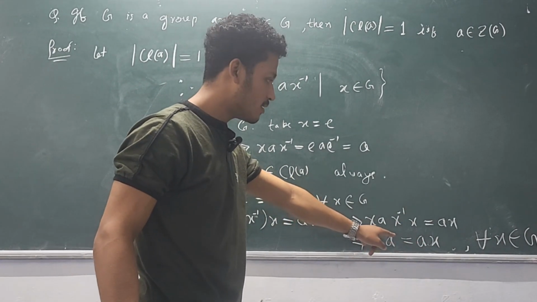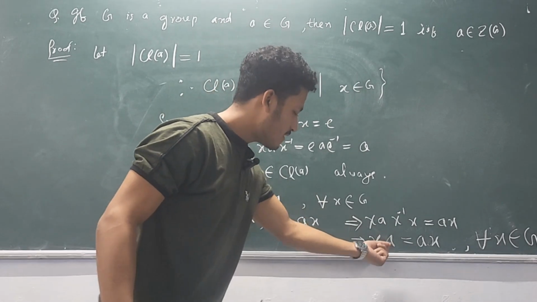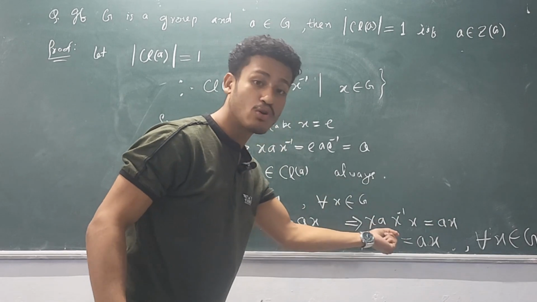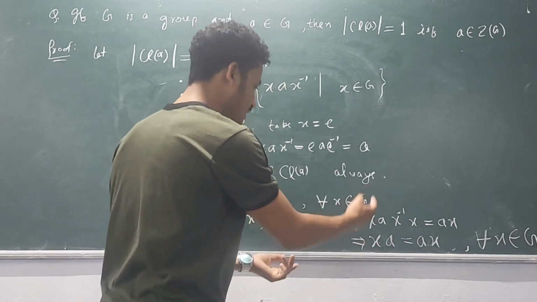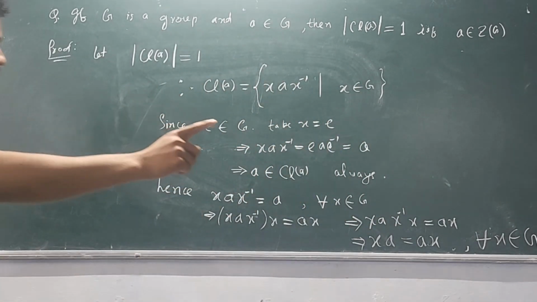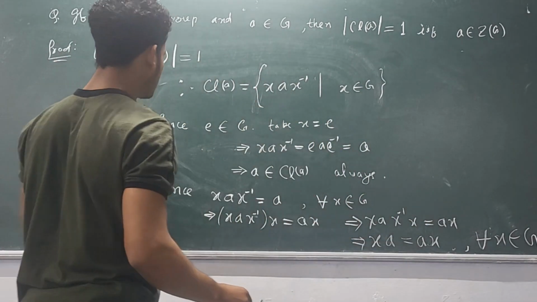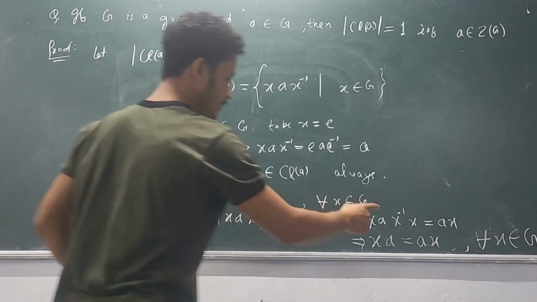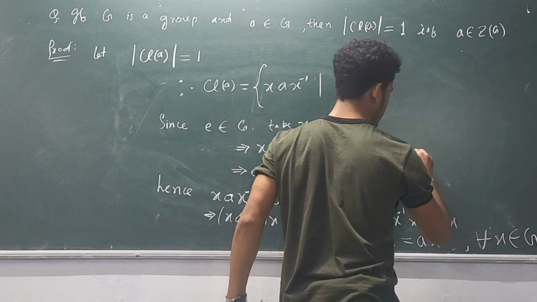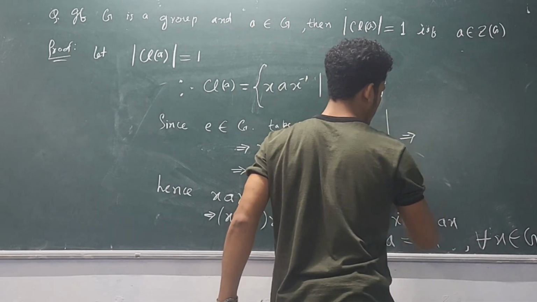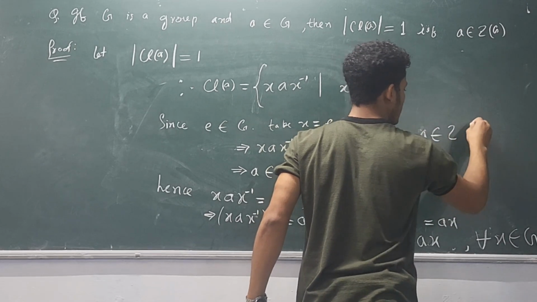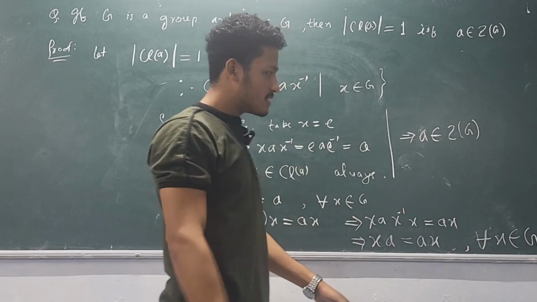This will imply that A commutes with every element in G. That means A belongs to the center of G. So it will imply A belongs to Z(G).